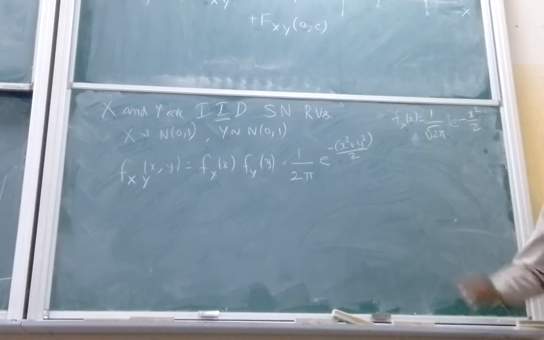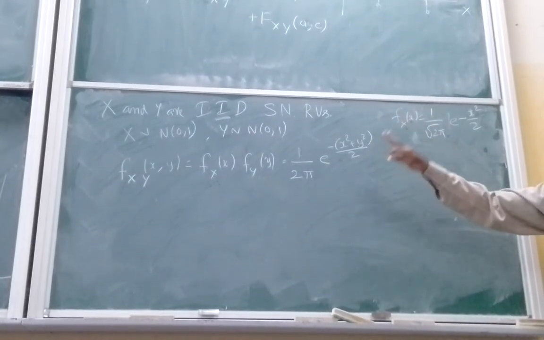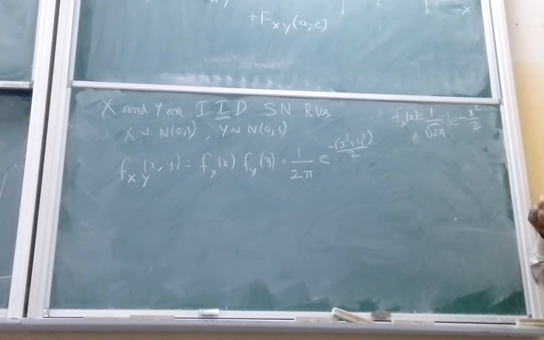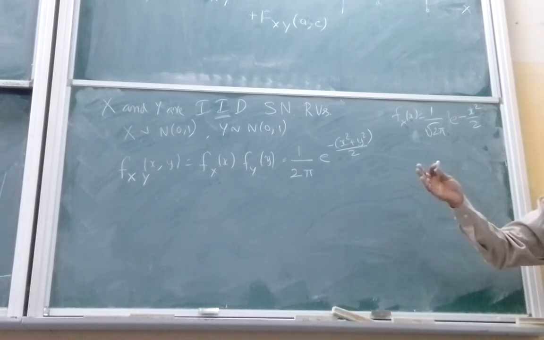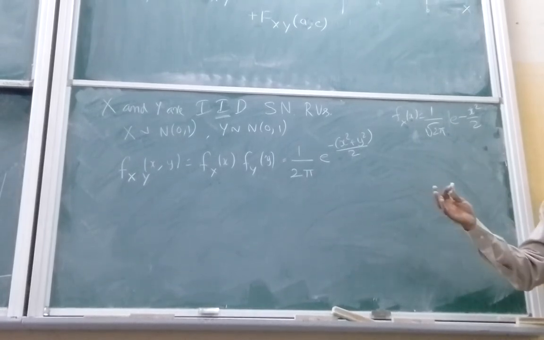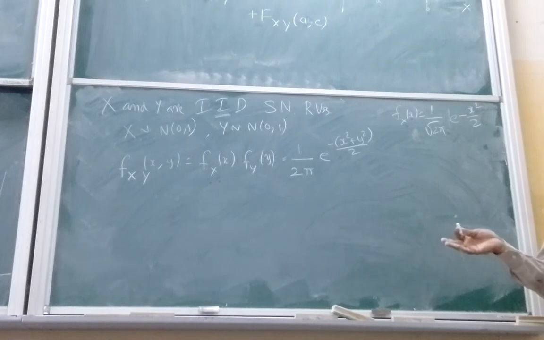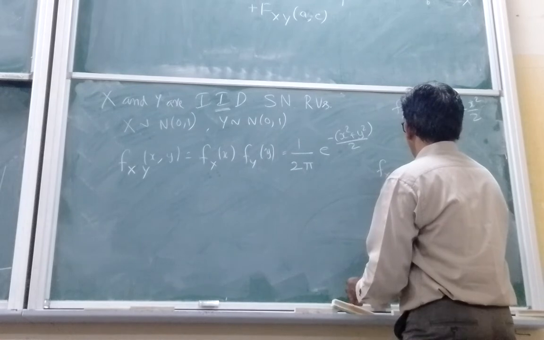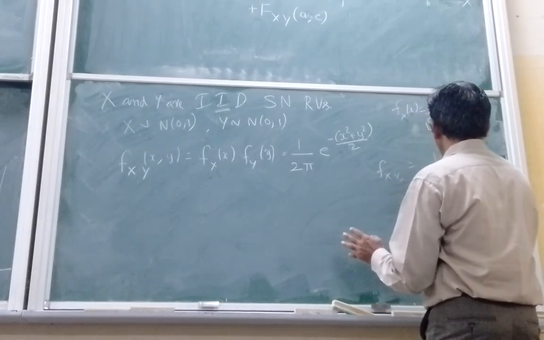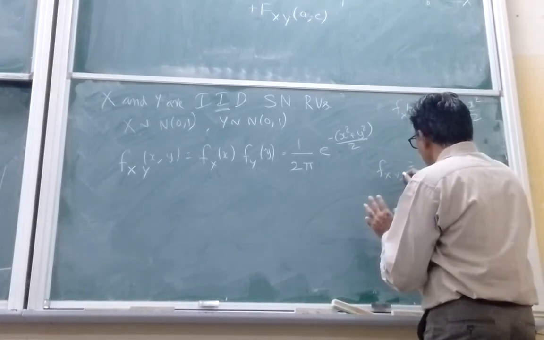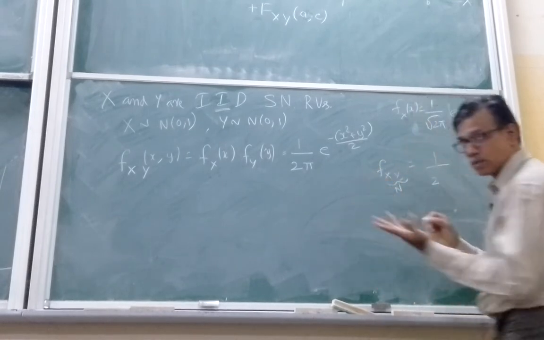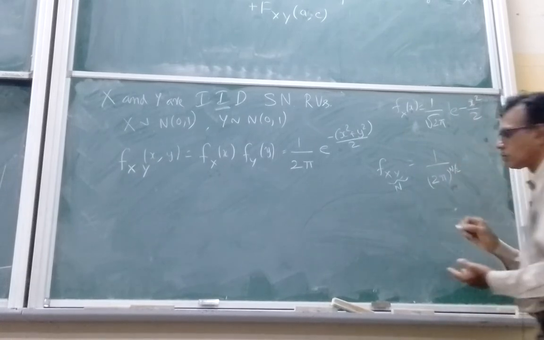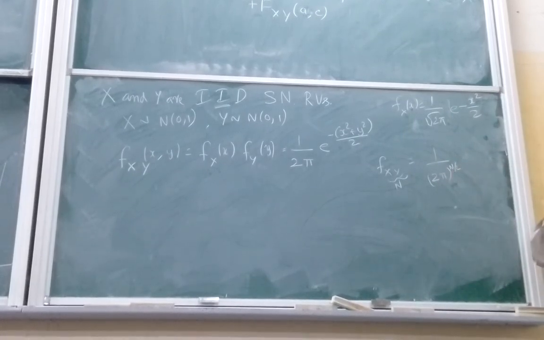So this will be the joint density function of standard normal Gaussian random variables, which also incidentally tells you that if you have n Gaussian random variables, standard normal, which are all independent, then you can easily write the joint density. Whatever it is, it will always be of the form of n such things. It will be 2 pi to the power of n by 2, since each one will contribute root 2 pi and there will be n of them.